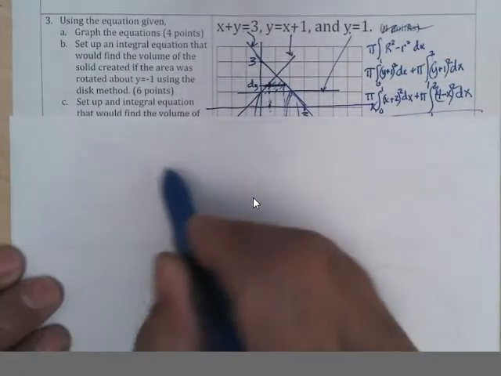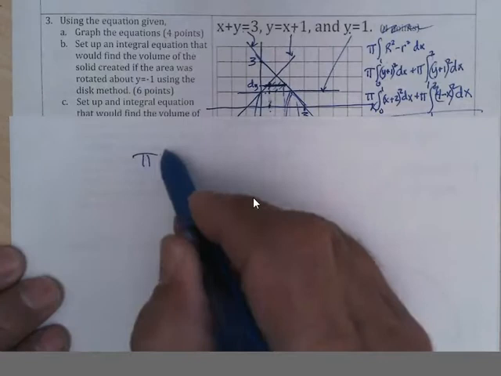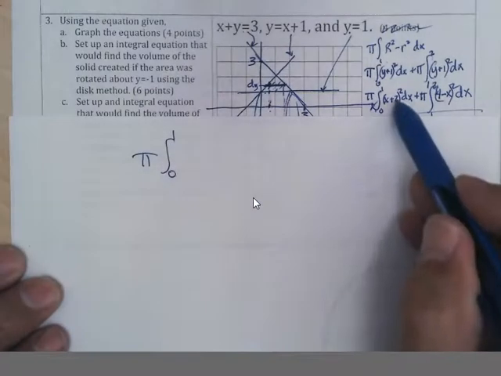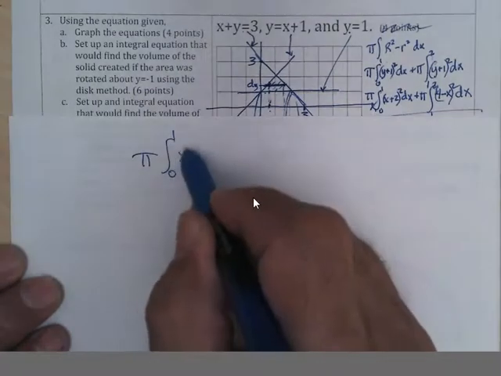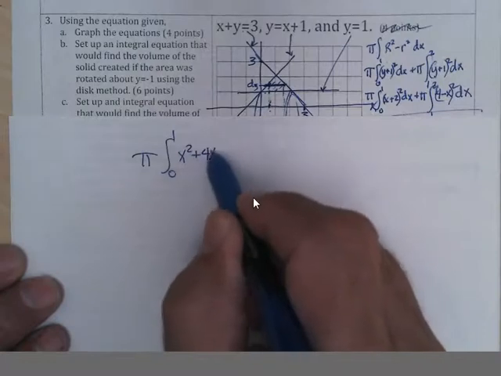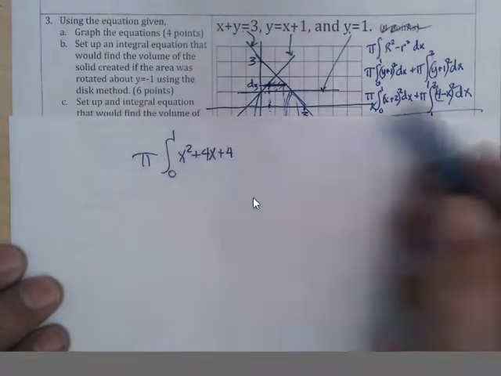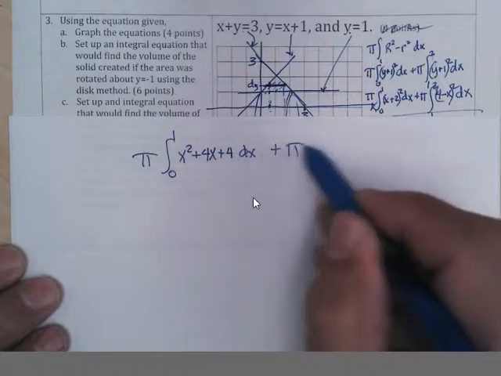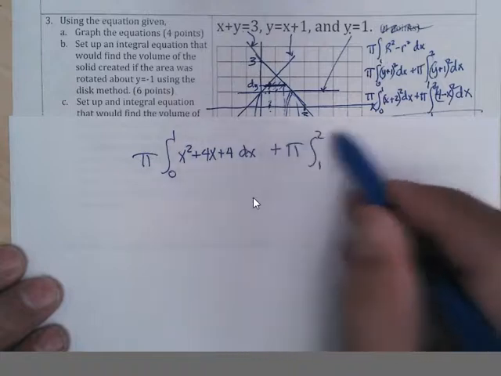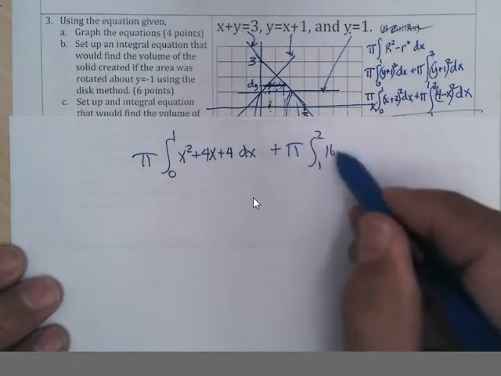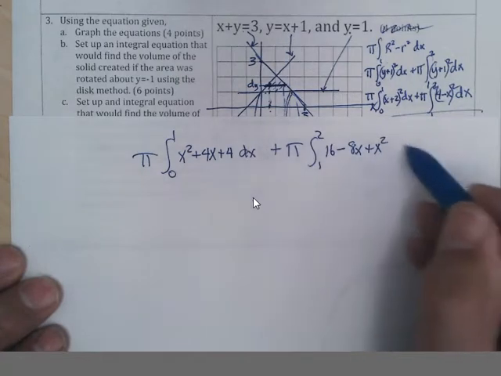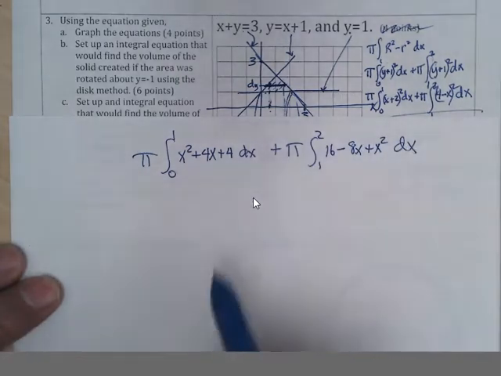Okay, so we have pi integral from 0 to 1 of (x plus 2) squared dx plus pi integral from 1 to 2 of 16 minus 8x plus x squared dx.